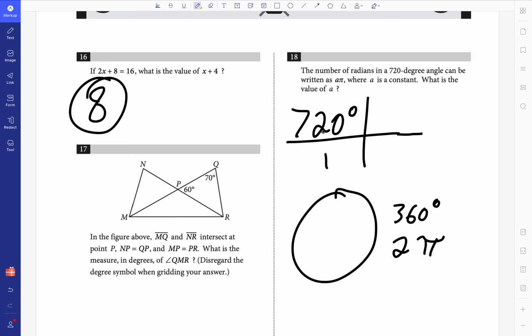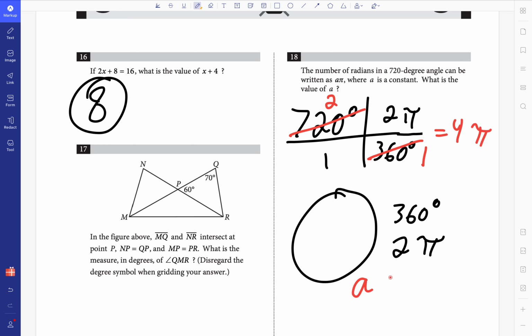So we know that 360 degrees is going to be the same as 2 pi, and then now let's just simplify. 360 divided by 360 is 1. 720 divided by 360 is 2. 2 times 2 pi equals 4 pi.